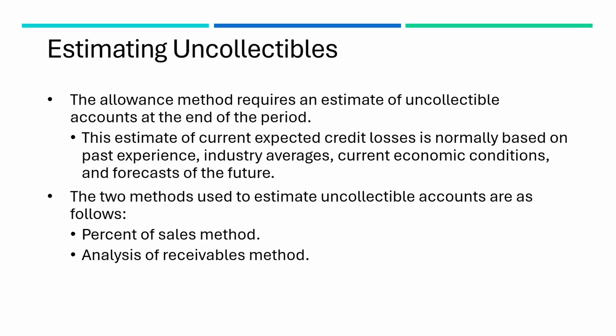And just from a terminology perspective, if you ever hear current expected credit losses, especially in the banking industry, that can be abbreviated CECL. That's what a bank would use to describe that, but we're always just going to estimate it as uncollectible accounts.